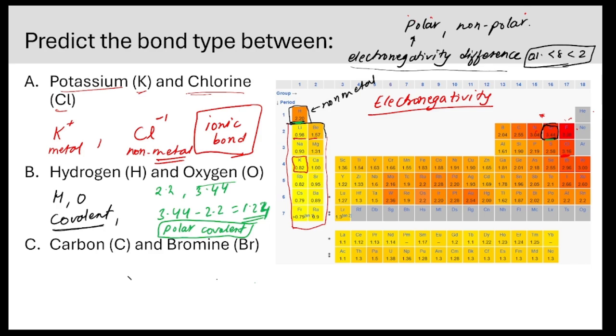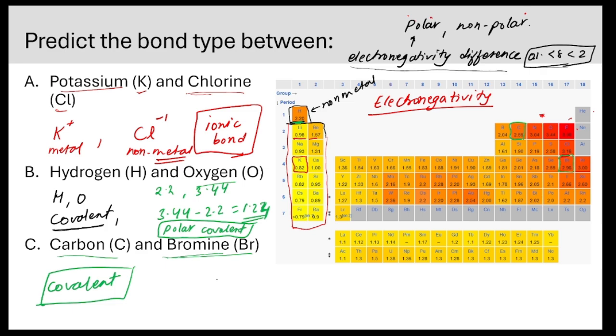And then the bond between carbon and bromine. Carbon is here, again non-metal. Bromine, Br, is here, again non-metal. So the bond between non-metal and non-metal is covalent.